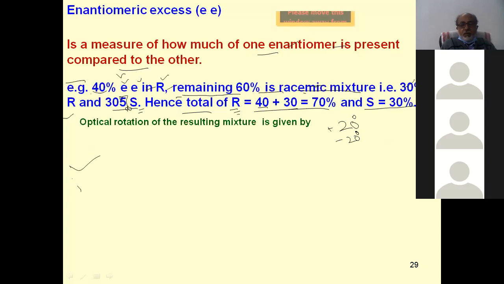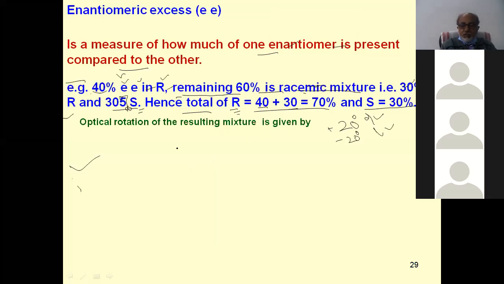Now, if they have some enantiomeric excess, will they give the specific rotation? If you measure, will the optical rotation come to 20 degree? No, right? It will depend on how much is dextro and how much is levo in the mixture.